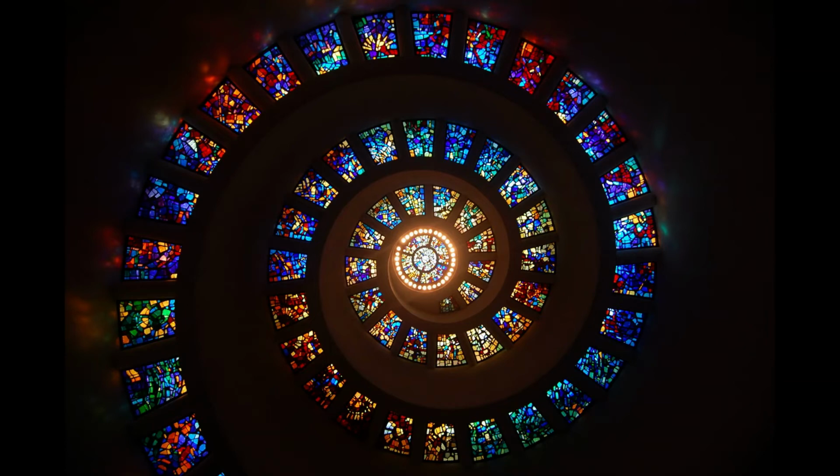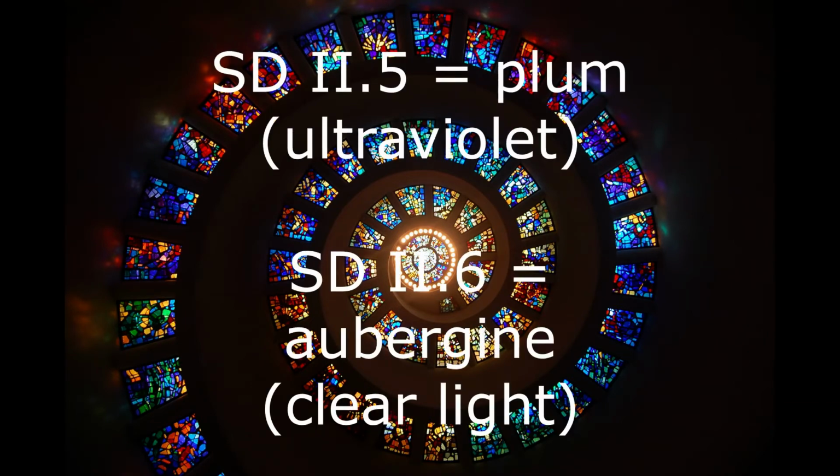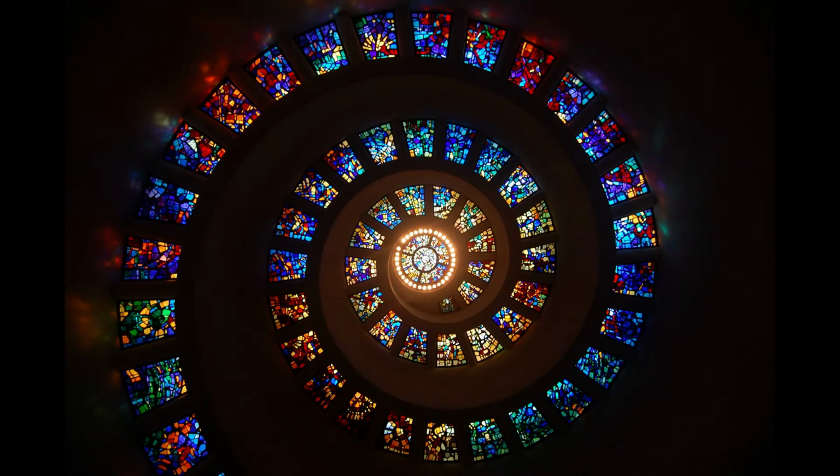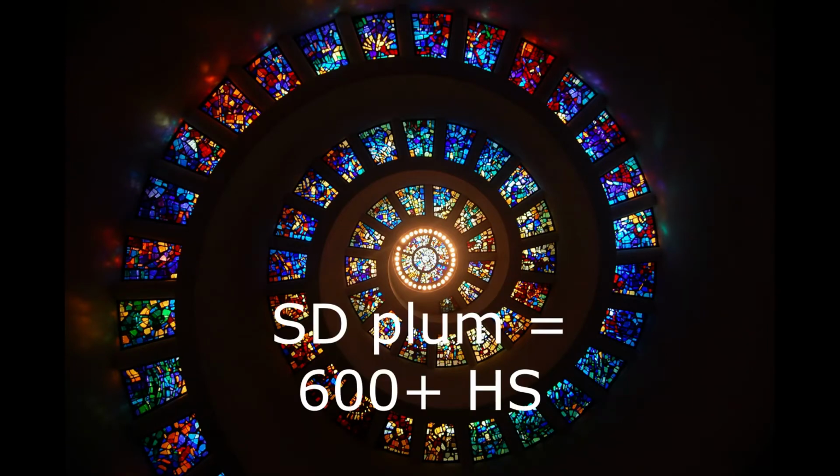So there are two more colors in the second tier, which some people call plum and aubergine and some people call ultraviolet and clear light. Between 600 and 700, it's usually those two colors. Around 600, the shift from teal to plum can happen.